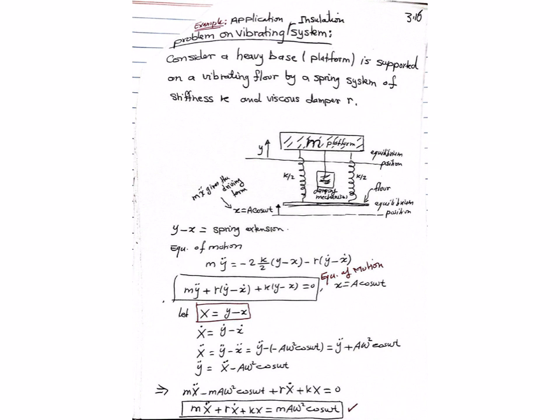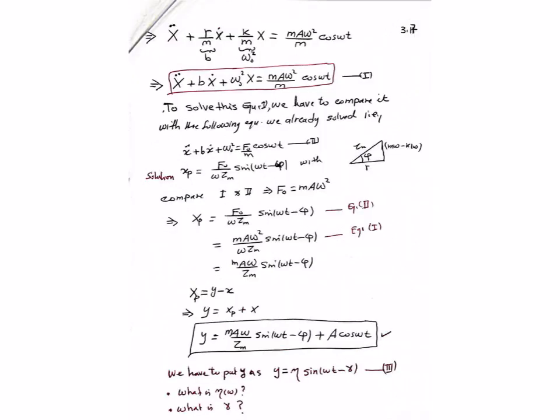Rearrange to get m X double dot plus r X dot plus k X equal m a omega squared cosine omega t. We met this equation before. It looks like the forced oscillator at the beginning of this chapter. We write this equation here in the red box, and I call it equation number 1.